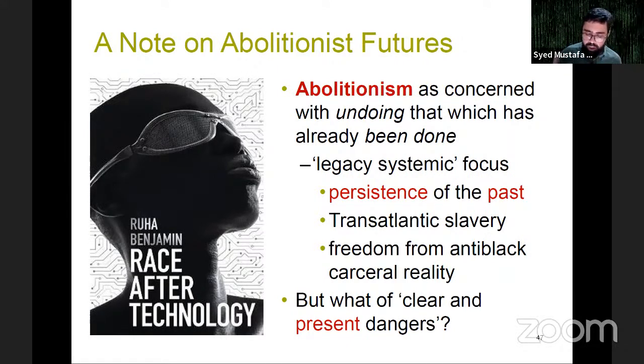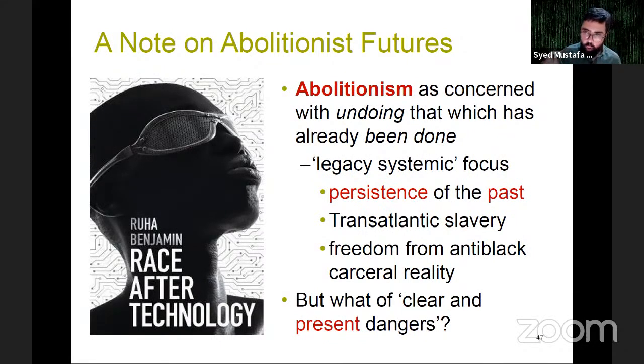Grounded in the African-come-Black experience of transatlantic slavery and its legacy systemic afterlives, the abolitionist orientation towards the colonizing imperative of computing focuses on the pursuit of freedom from surveillant and carceral anti-Blackness as it manifests in a variety of technological assemblages associated with predictive policing, recidivism, differential access to healthcare, schooling, housing, etc.